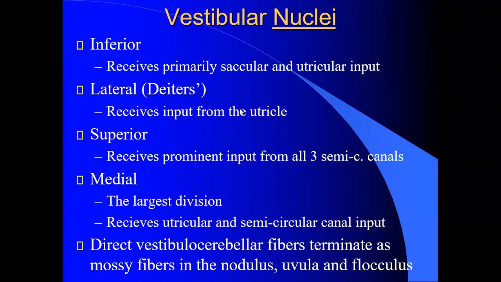Okay, lateral is going to, however, receive from the utricle. Then the superior is going to receive from the 3 semicircular canals. Good. Superior deals with angular acceleration. Good. And the medial, which is the largest division, you're right, that's an answer, is going to receive both semicircular and utricular information into medial.